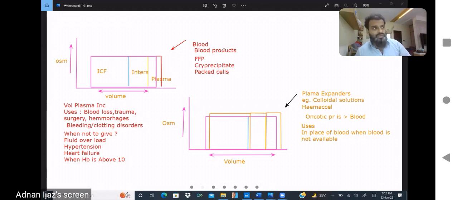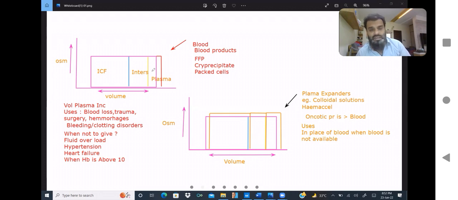I'm not going to tell you when we will give these solutions. But what will happen is, in this case, this membrane will be functional, the one yellow, which was actually the capillary membrane. And in this case, we will have to divide the extracellular compartment into two parts, interstitium and the plasma.